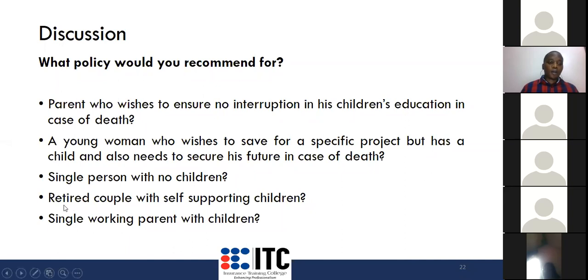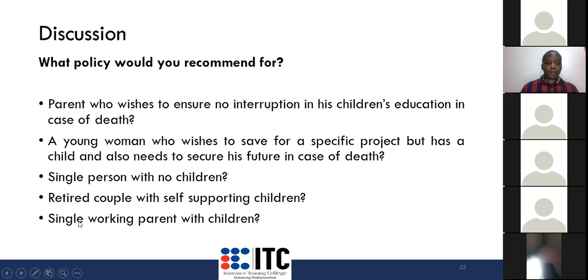For a retired couple, at this point, they are their own beneficiaries. Inheritance is important, but you may find the rating for them may stop at age 70. That's why for a retired couple, it becomes a bit tricky, because these are people in advanced age.